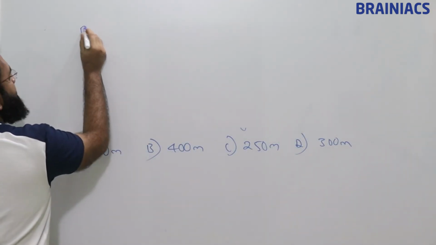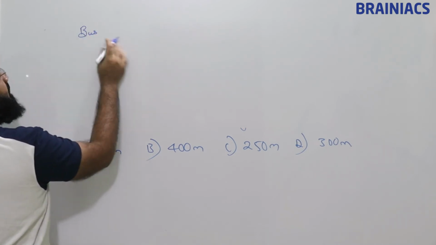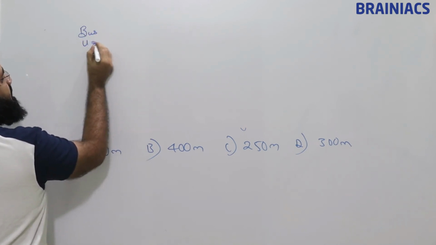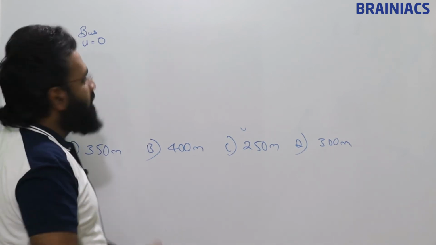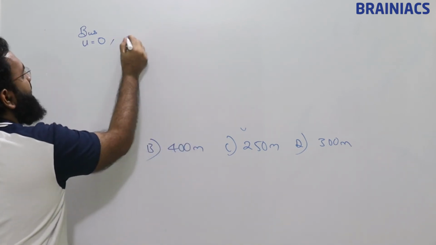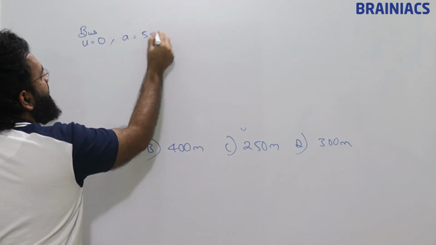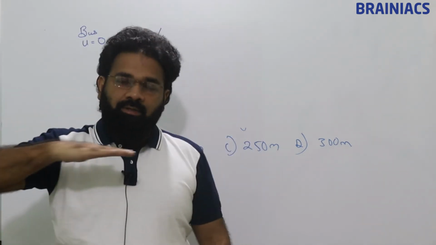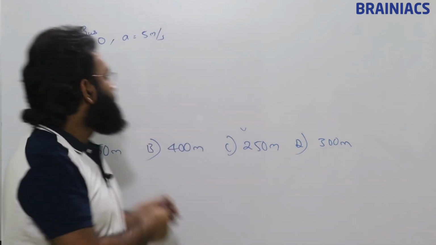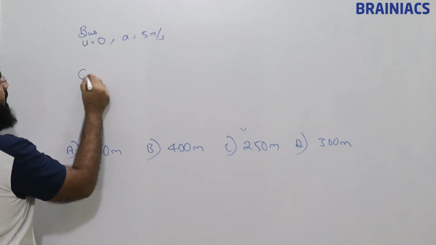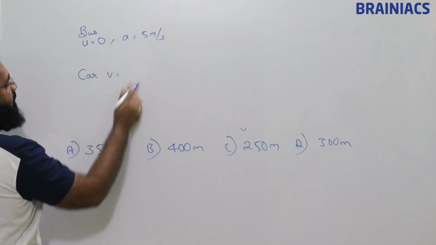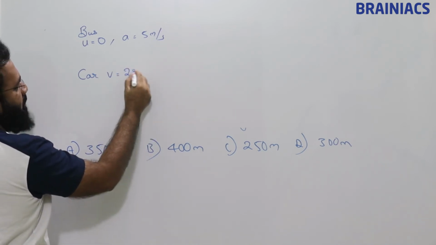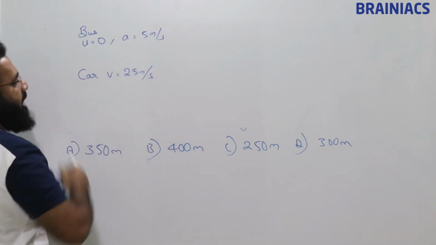So bus, initially it was at rest, so its initial velocity is u equal to 0 and acceleration is given as 5 meter per second square. Now when the bus is about to move, the car crosses, so the car has got uniform velocity, which is nothing but 25 meter per second.